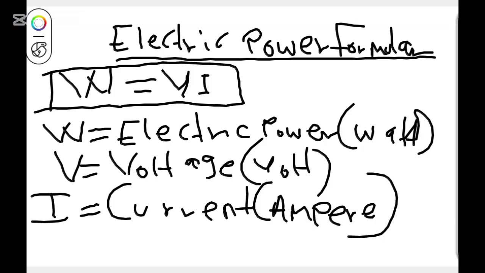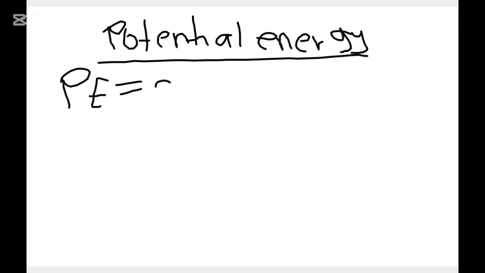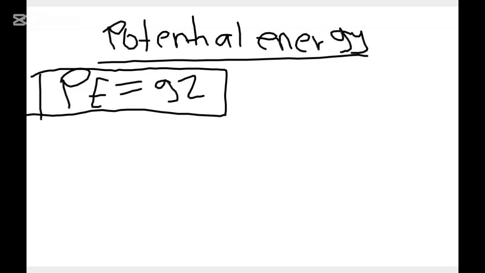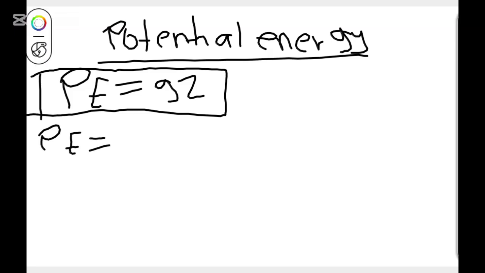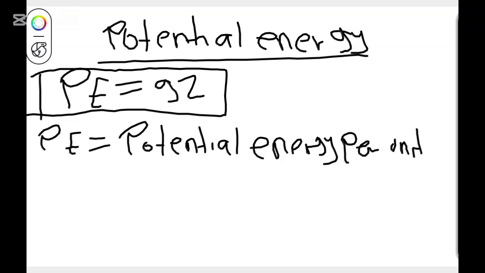ampere. And we have the potential energy formula, which is PE equals gz. You have to take note that this PE stands for potential energy per unit mass.